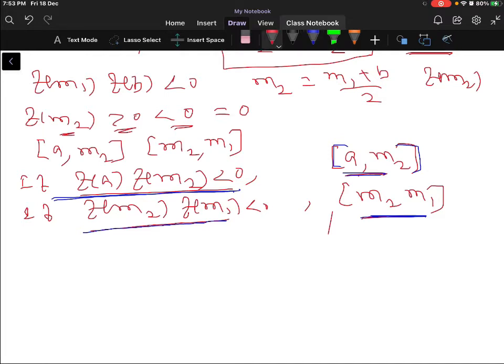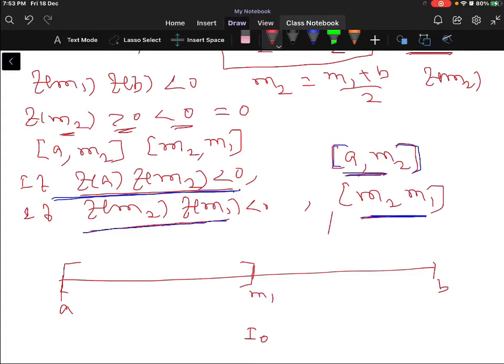Let us see it on the real line of the interval a comma b. We take the interval a comma b as I naught. We bisect the interval a b, we get m1, the midpoint of the interval a b. Suppose f of a into f of m1 is negative, therefore the interval a comma m1 contains the root.